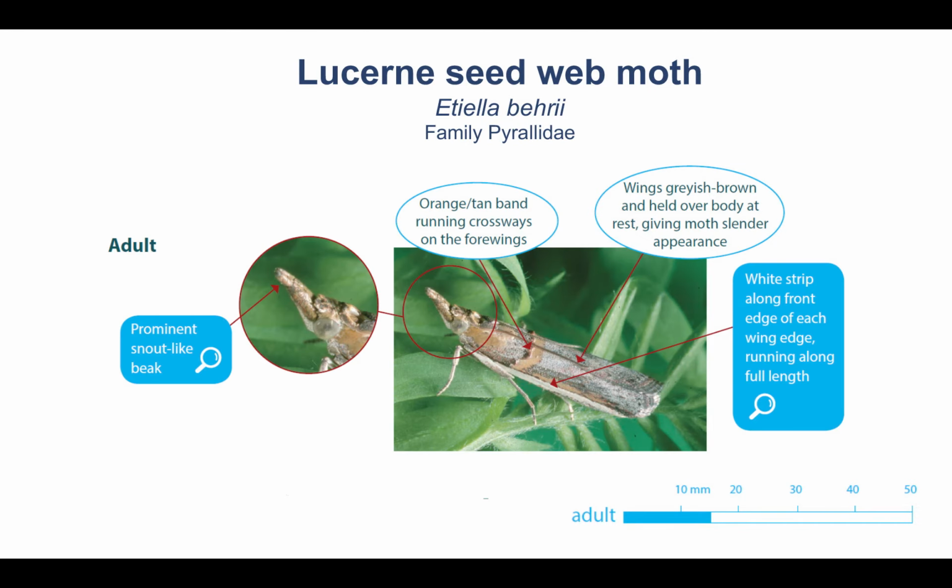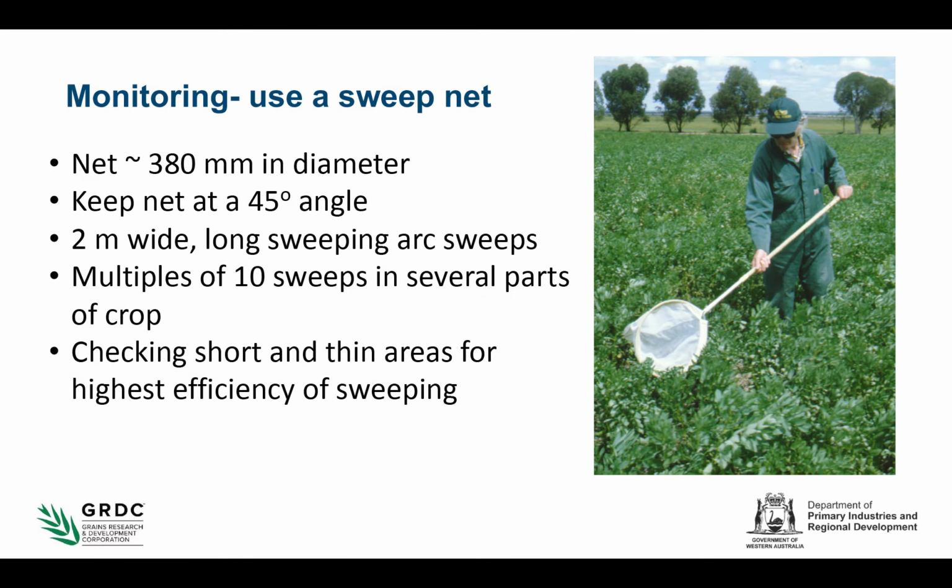The adult moths, I would be very surprised if anyone could identify them in a sweep net. They're very nondescript, but they do have this beak, which basically puts it into the family Pyralidae, because that's what the moths actually have, is a beak. What we do want you to do when you are starting to monitor pulses is to use a sweep net.